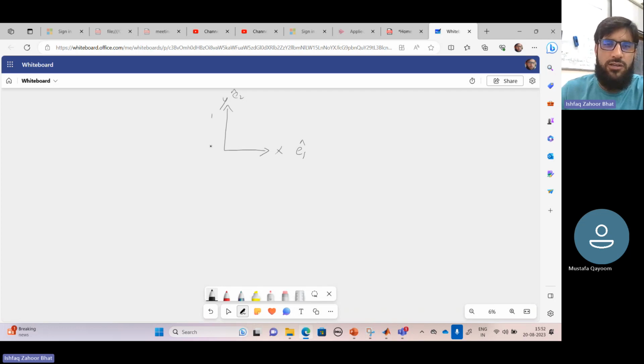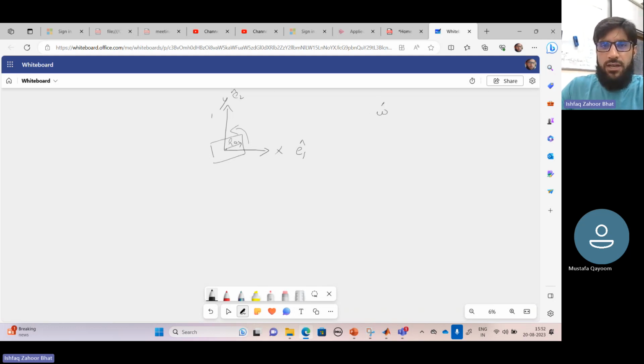We have some rigid body, and let's say this is R naught. This rigid body is rotating only in the XY plane, so its axis will be in the Z direction.